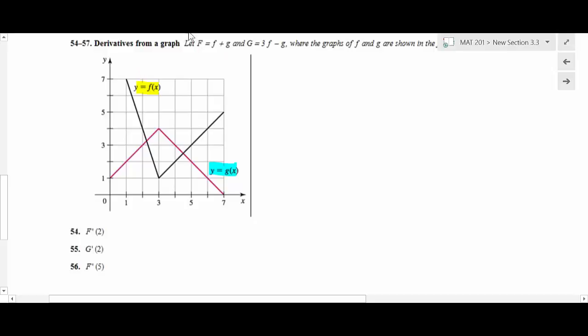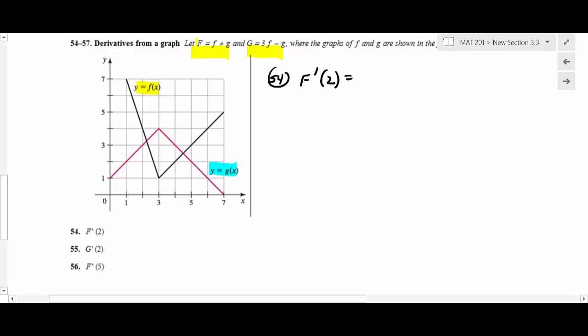What you're defined here is that capital F is equal to the sum of two functions, f plus g, and then capital G is defined to be 3 times the function f minus g. So we're going to do these problems. We're going to do capital F prime of 2, and we're going to do that by looking at the graph.